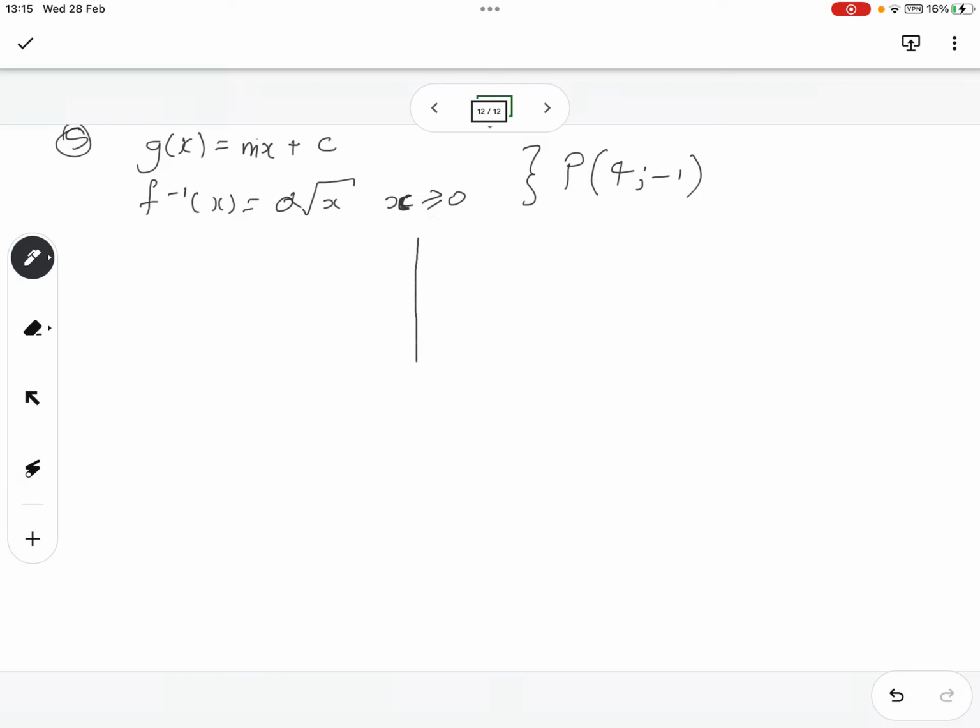So let's start off with the sketch. The graphs look something like that. On the x-axis we've got -1, -2, -3, 1, 2, 3, 4, and 5, and on the y-axis we'll have 1, 2, and at the bottom -1 and -2.